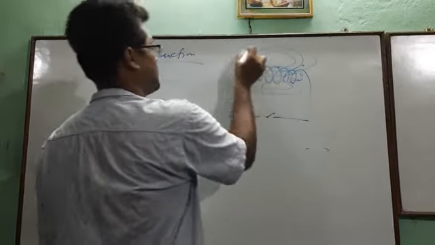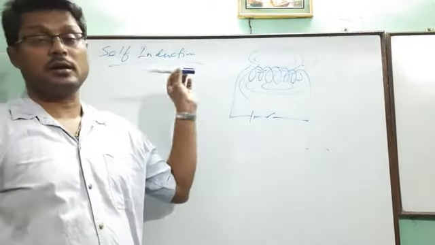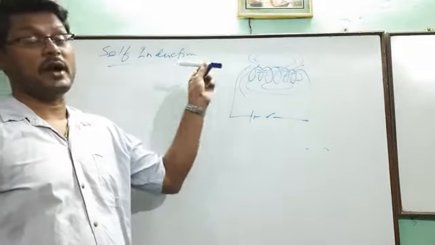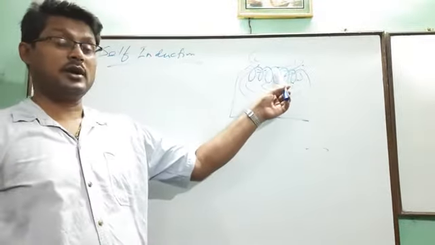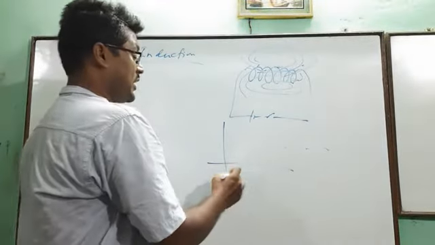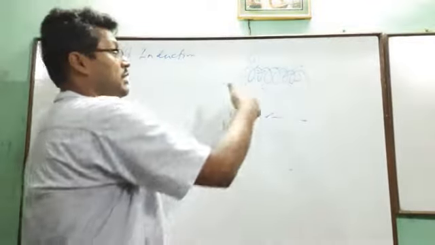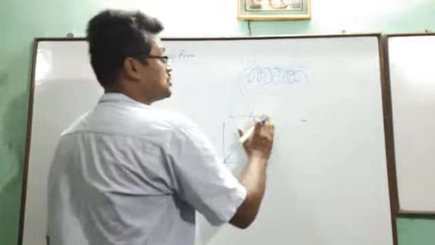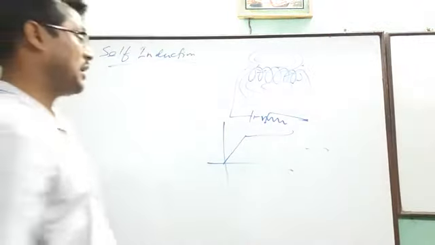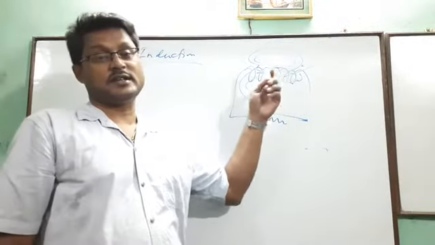I am not giving any extra field from outside, or bringing any magnet. Whenever current is given here, it will produce magnetic flux. But we know that current will get saturated after a certain time. So when the current varies, or you can use a rheostat to vary the current, then you will get that the flux related with the coil changes.